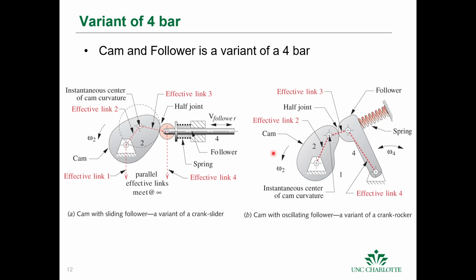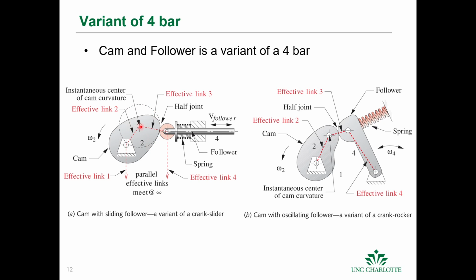Okay. There are other mechanisms that, if you take a snapshot in time, actually are 4-bar mechanisms. These are some examples of cam and followers. Okay, so this is a cam on a linear follower over here on the left. So if you take a snapshot in time, and then you take the instantaneous curvature of the cam here, that would be this curvature from this contact point, which would map out this circle.